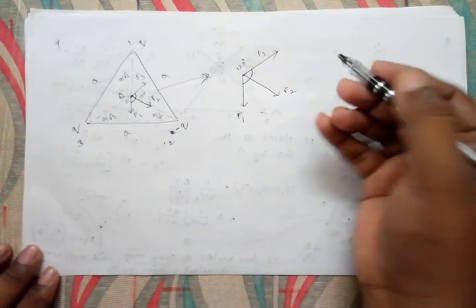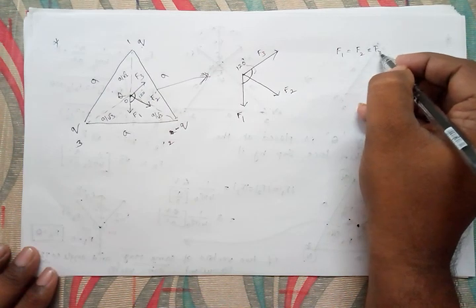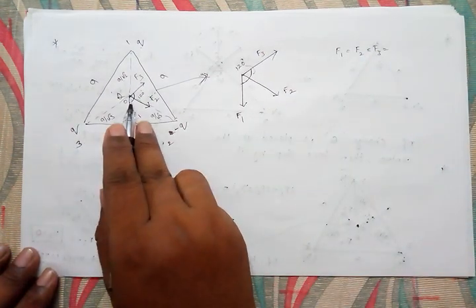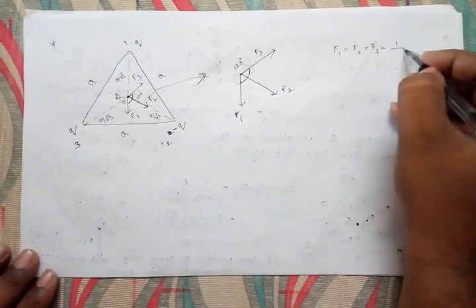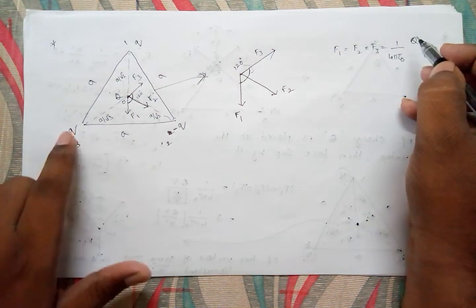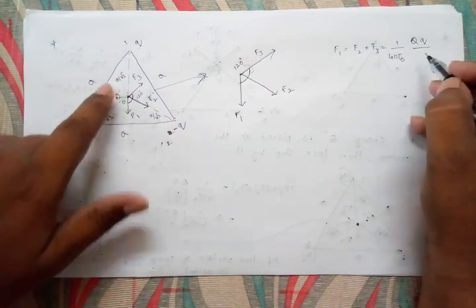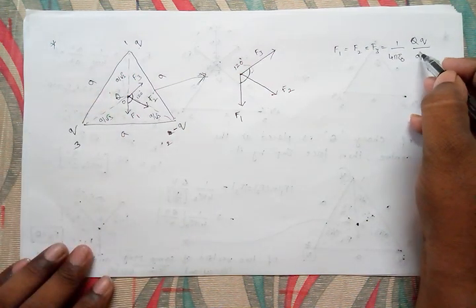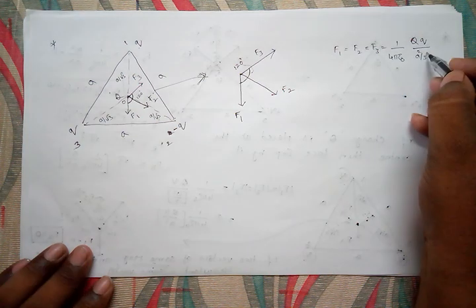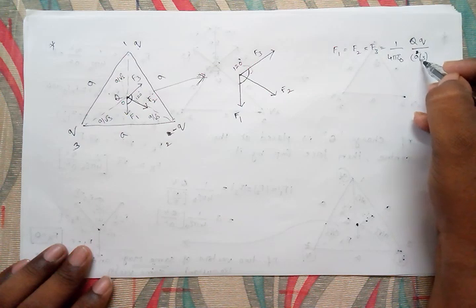So the magnitudes of these forces you can write: F1, F2 and F3 are each 1 upon 4 pi epsilon naught into Q1 Q2, where one is capital Q and the other is small q in all three cases, by the distance a by root 3 whole square, that is a square by 3.